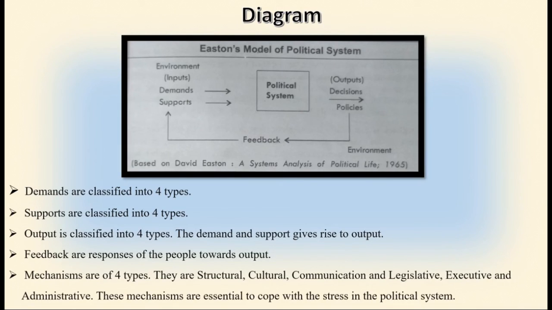First, demand. Inputs are demands from various sources. It may come from farmers, teachers, politicians, traders, students, bureaucrats, etc. Demands are classified into 4 types, which are as follows. What are the demands?